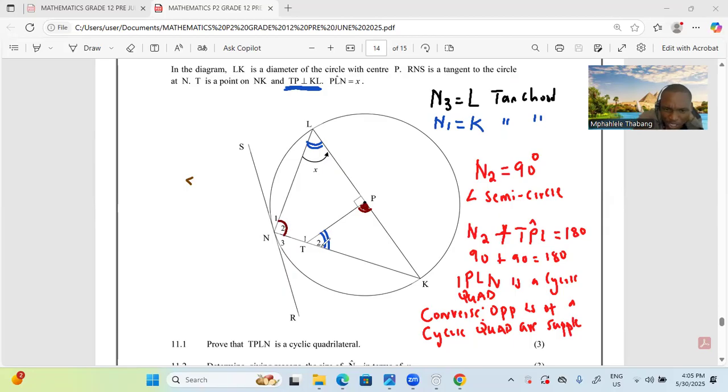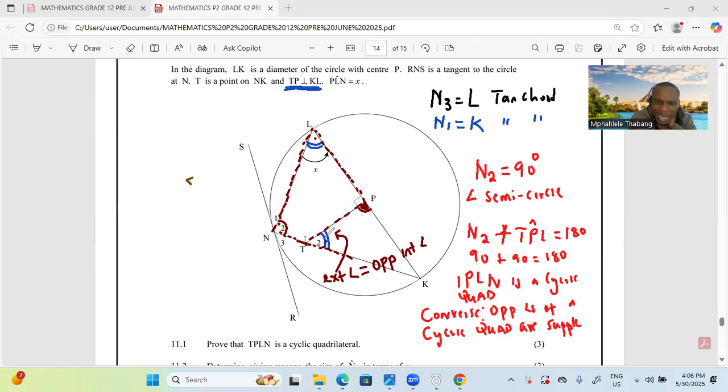Okay, why am I saying T2 equals L? Remember, we said this is a cyclic quad. And what do we know about a cyclic quad? We know that the angle outside the cyclic quad, the exterior angle of a cyclic quad, is equal to the opposite interior angle.